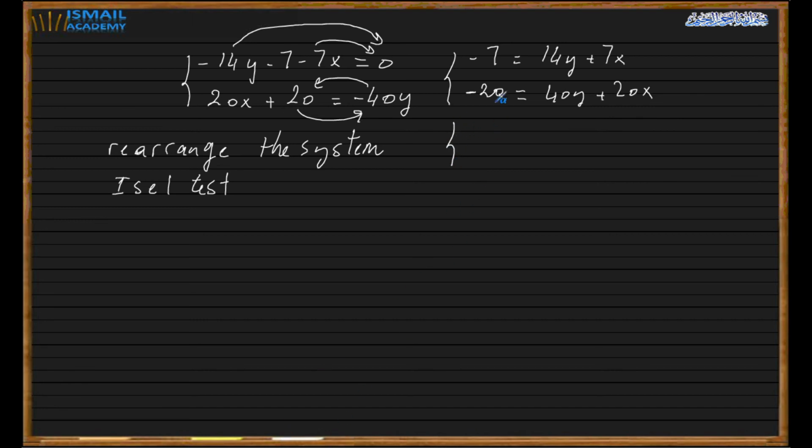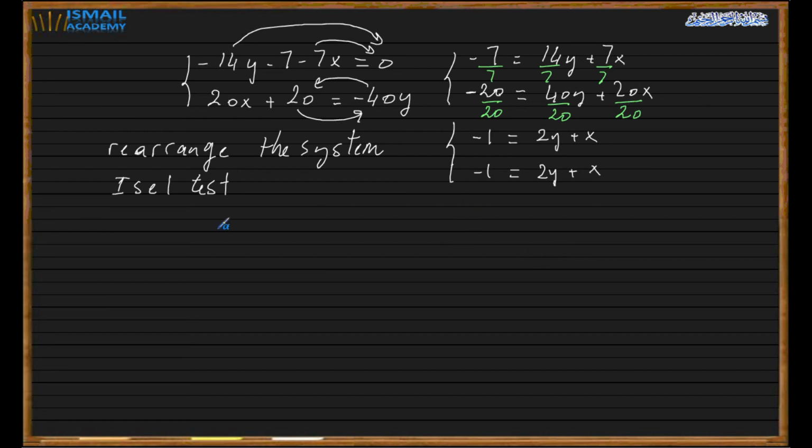So here I will divide by 7 because 7 is the common factor, and here I divide by 20. You see, it will make my system easier to solve. So we'll have minus 1 equals 2y plus x, and here I will have minus 1 equals 2y plus x. As you see, it's easier than the other one.